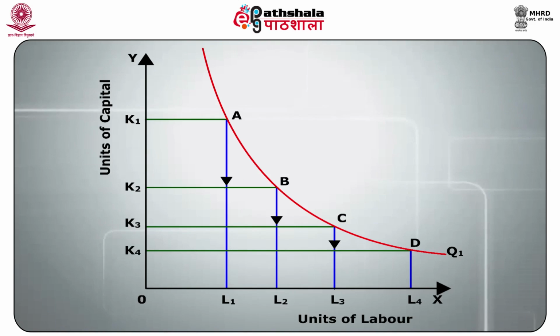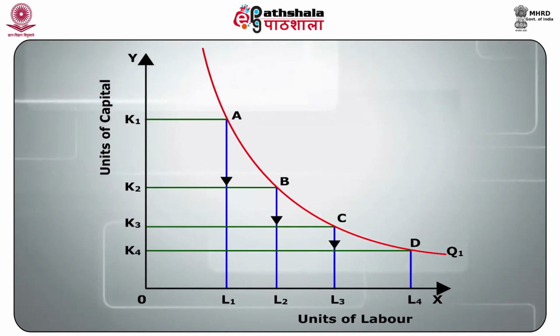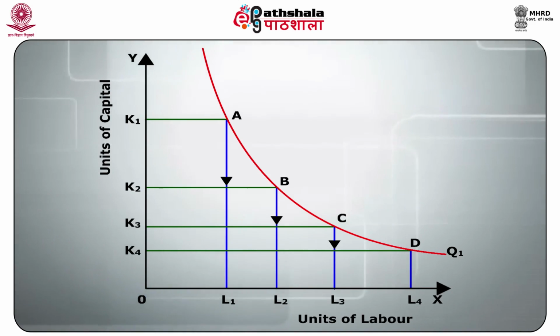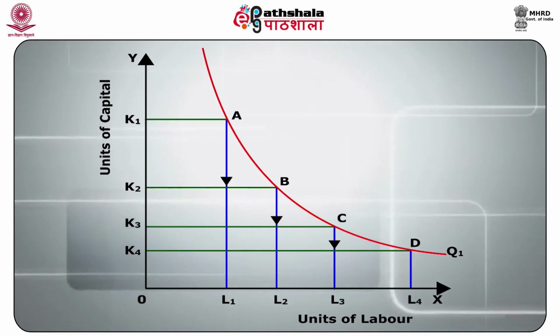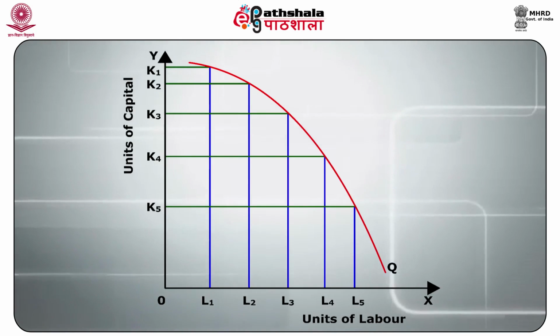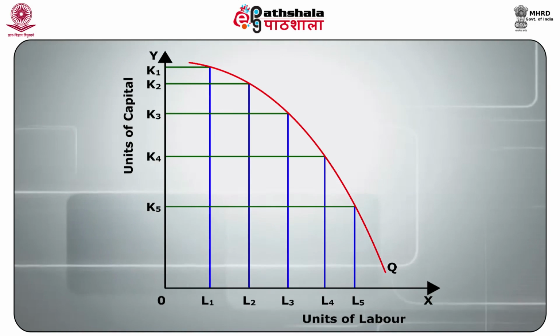Along a downward sloping isoquant, the marginal productivity of labor decreases with the increase in units of labor, and simultaneously the marginal productivity of capital increases with the reduction in the units of capital. Thus, a lesser amount of capital is required to keep the output constant. If the isoquants are concave to the origin, this means that MRTS is increasing.